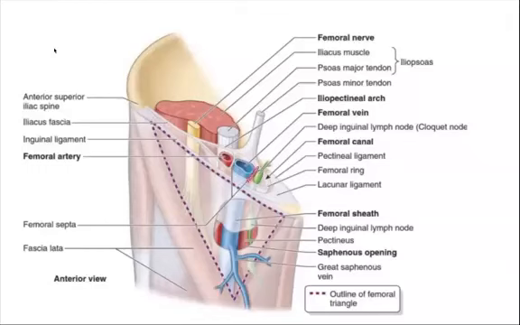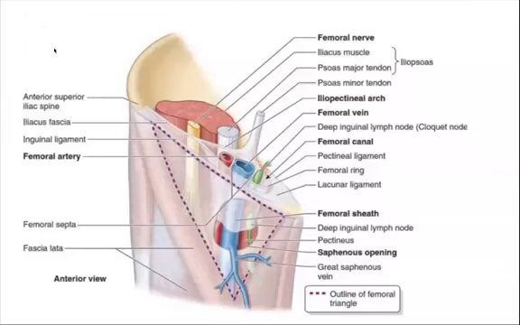On the lateral aspect, you have the femoral vein. On the medial aspect, the lacunar ligament. On the anterior aspect, the inguinal ligament. And on the posterior aspect, the pectineal ligament.